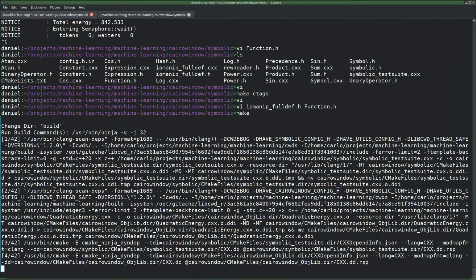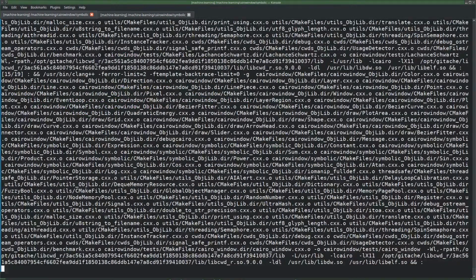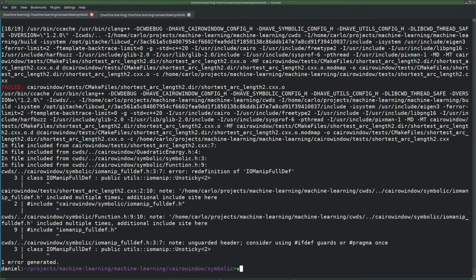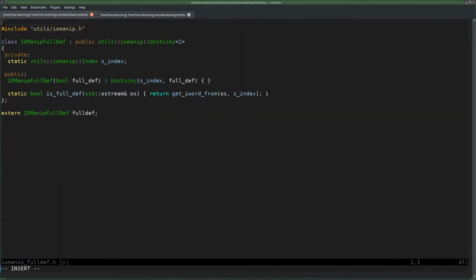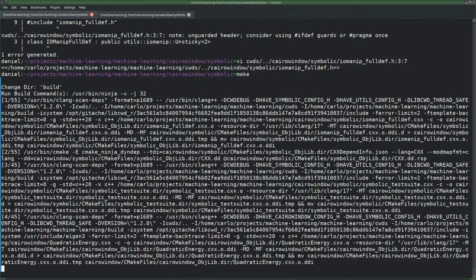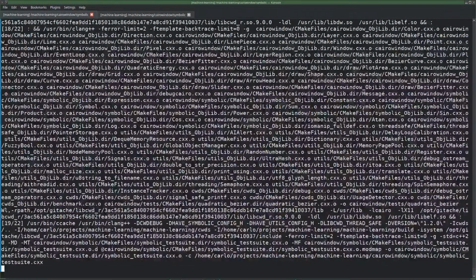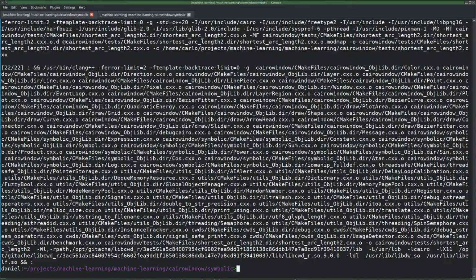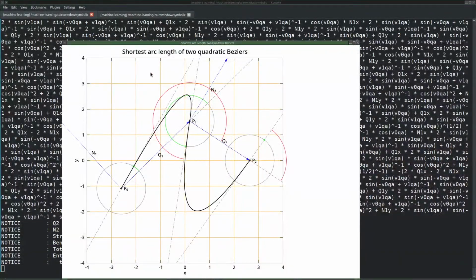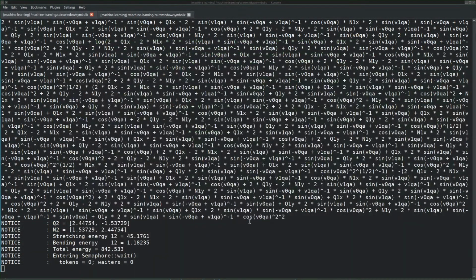So that should, I think, print every function in full. There it is.